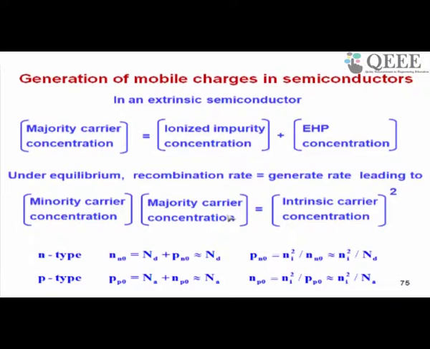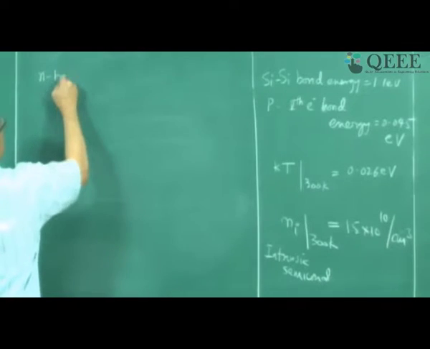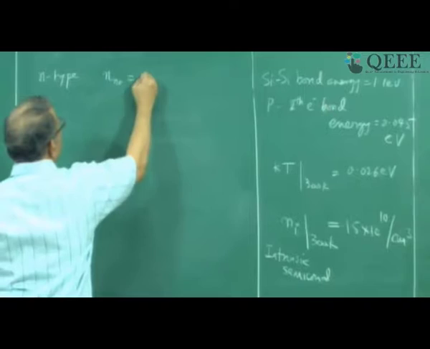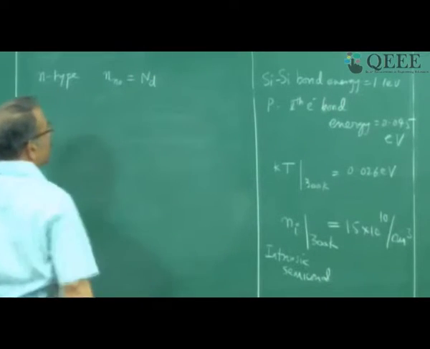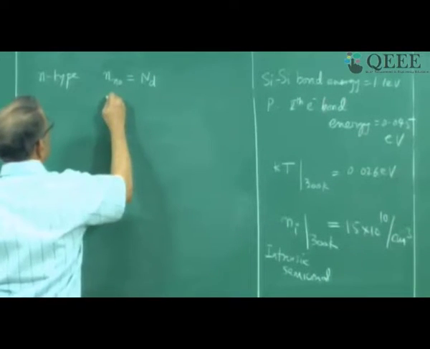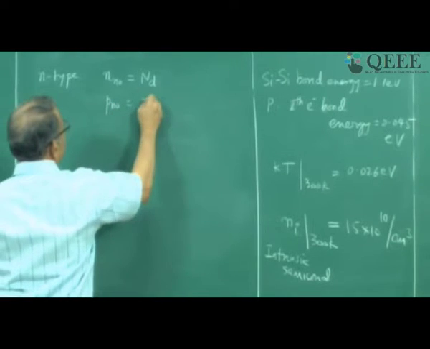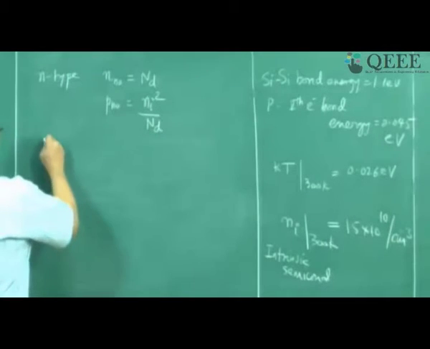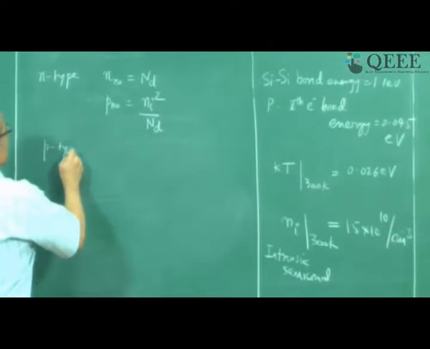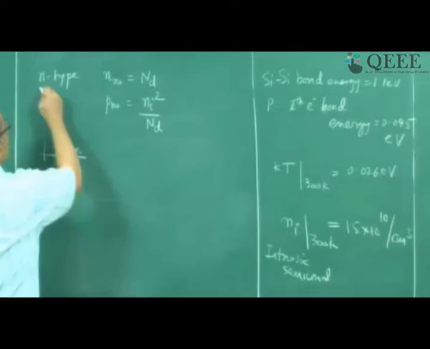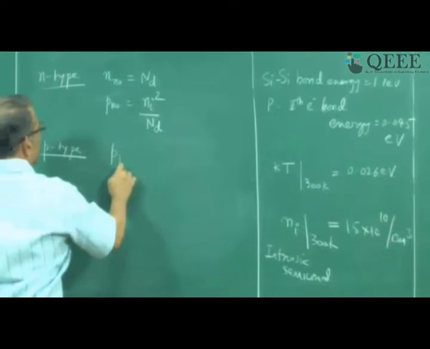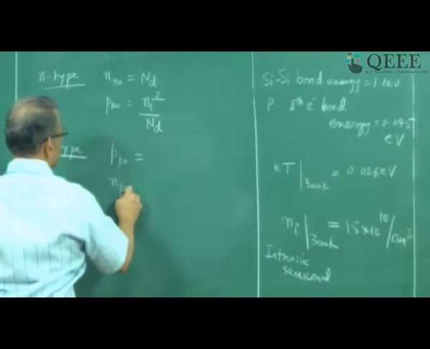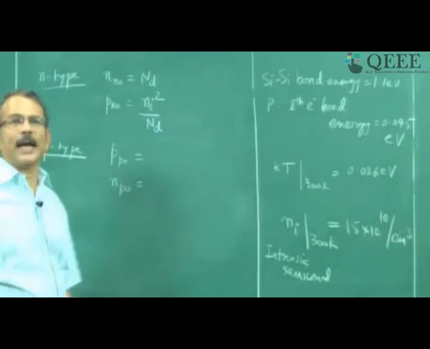That is, in an n-type semiconductor electron concentration is equal to donor concentration, and hole concentration is equal to Ni squared by donor concentration. Now I leave it as an exercise to write a similar formula for p-type. Pp0 is equal to what, and Np0 is equal to what. So you can write it yourself.